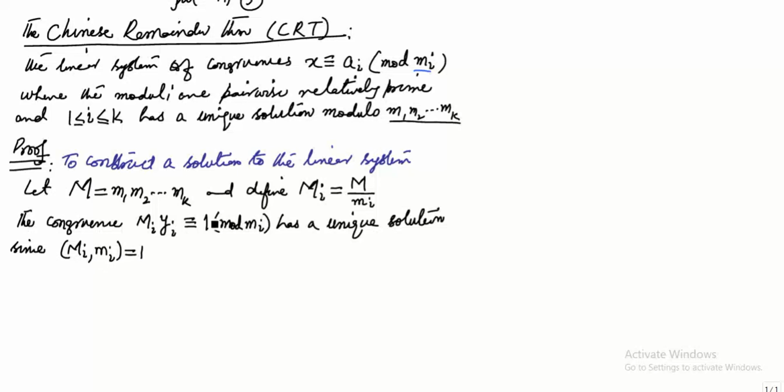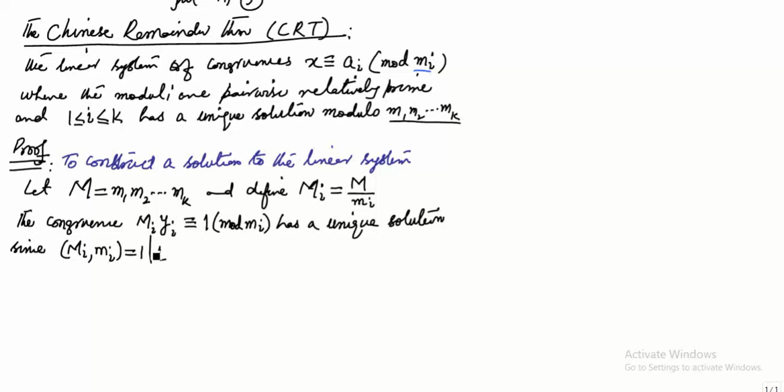Because we have already divided M by mi to get capital Mi, there is no mi in capital Mi. So if we take the GCD of capital Mi with small mi, we get 1 here. So if the GCD of capital Mi and mi is 1, it means this congruence has a unique solution.